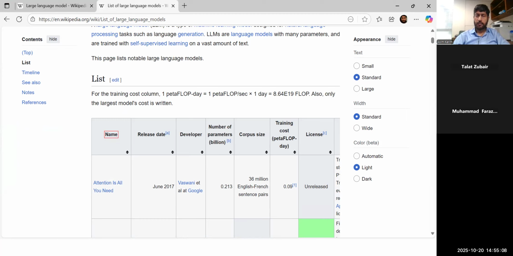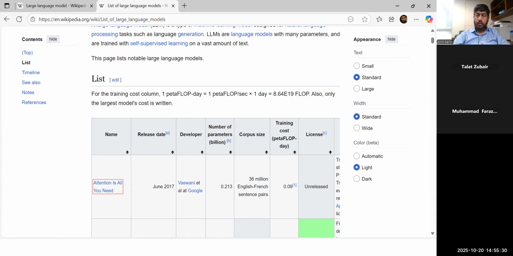All of these start from 2017 onward, when the transformers were introduced. The vast majority of all the large language models, I would say almost all, I'm not too sure, 100%, I don't know, but I would say the vast majority are based on transformers. And the transformer was introduced in 2017.